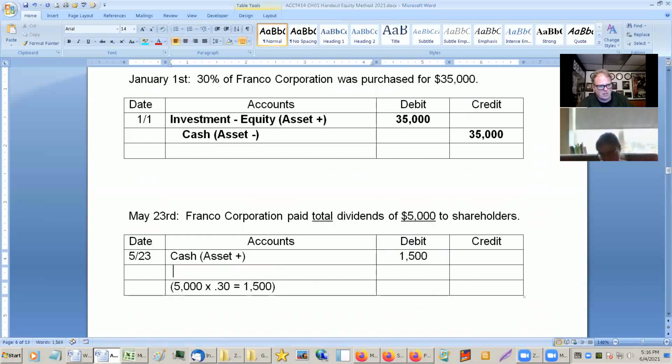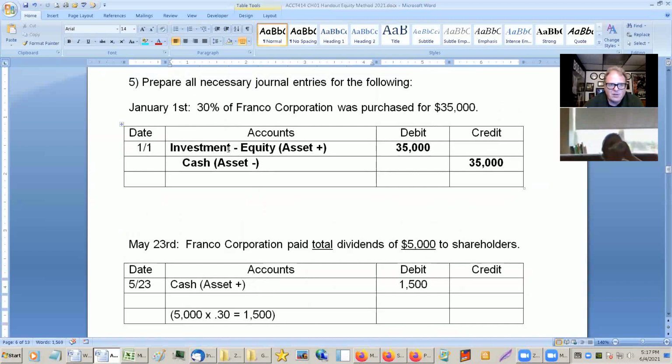And now this is where it gets a little strange. So we got $1,500 cash, but we own so much of this company, 30% of it. And what we're going to say is, look, this company isn't really worth as much anymore. So we are going to take that $1,500 out of our investment.